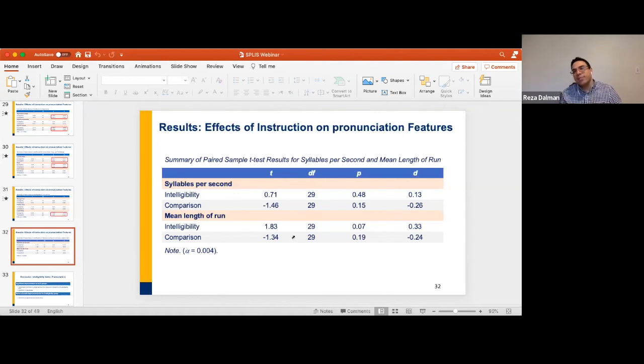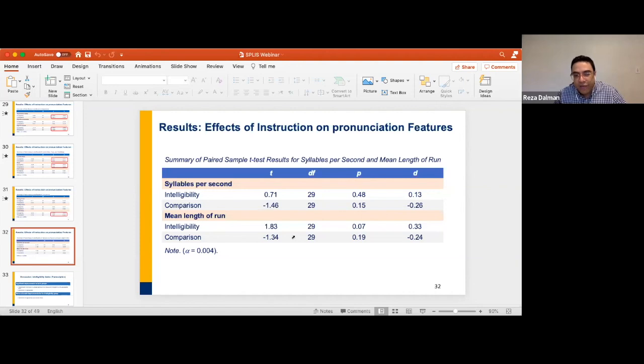I think one of the reasons is that the results of previous research have shown that fluency features improve even if there is no explicit instruction on the pronunciation feature. But all of those previous studies that showed improvement in fluency involved, for example, 15 weeks of exposure, or one semester, or 2 or 3 months of exposure. One reason the intelligibility group did not improve significantly in fluency might be the short period of instruction.